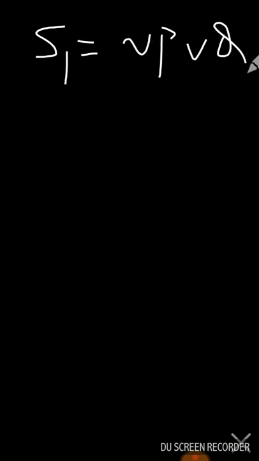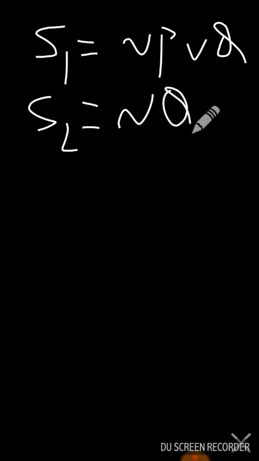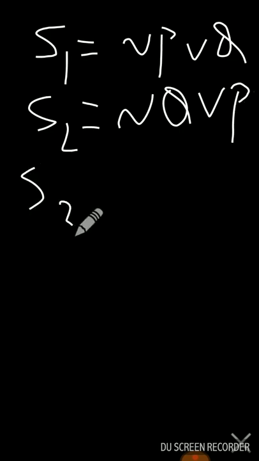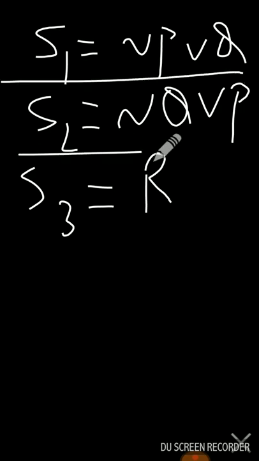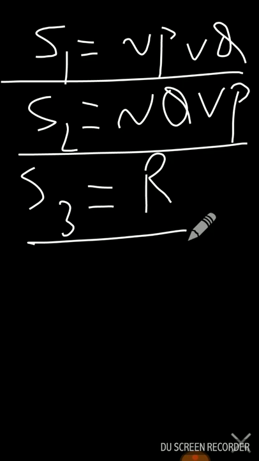For example, you have a set of statements in clausal form, say S1, which is negation of P and Q, and S2, negation of Q and P, and S3 is R. These 3 statements are already in clausal forms, so we don't have to change them.